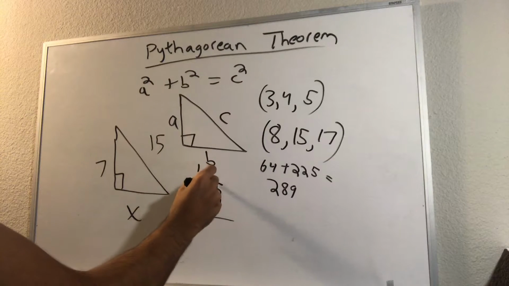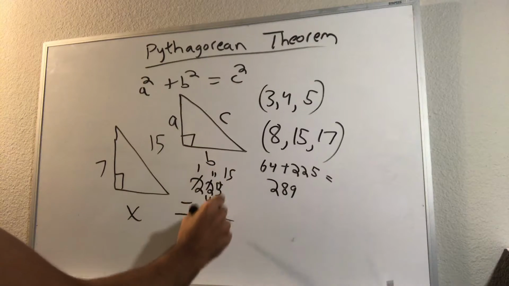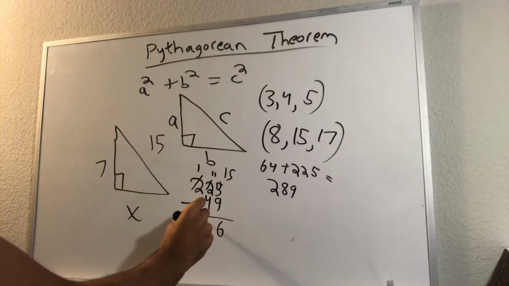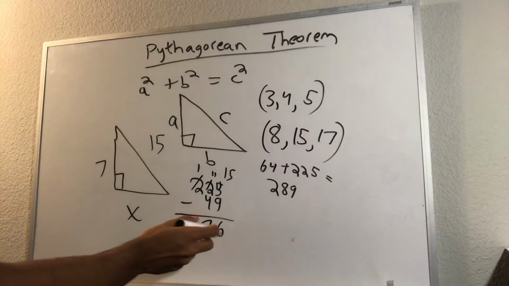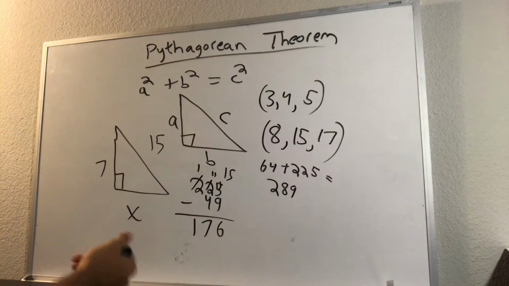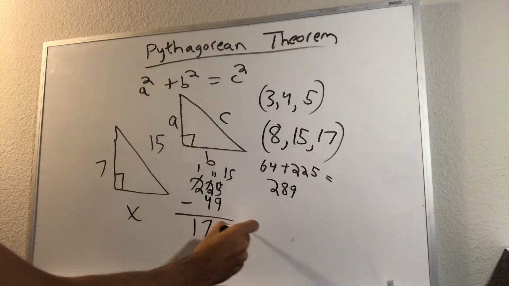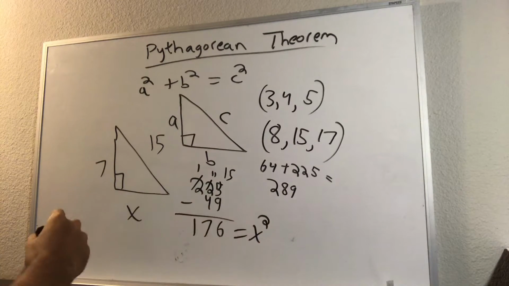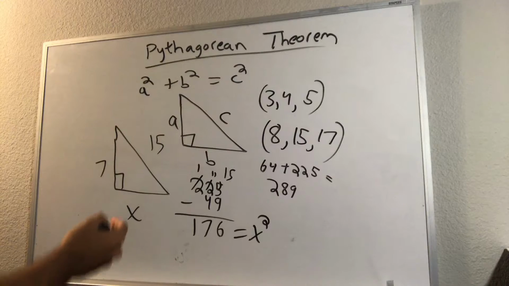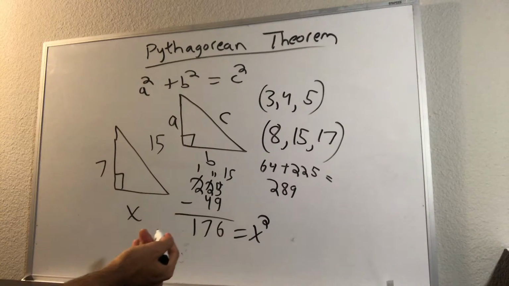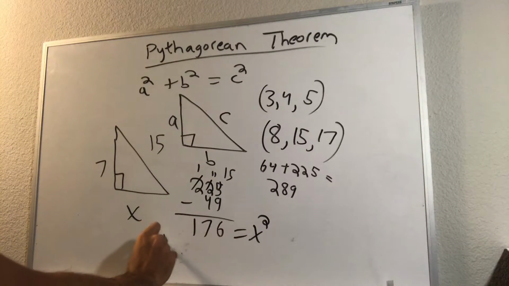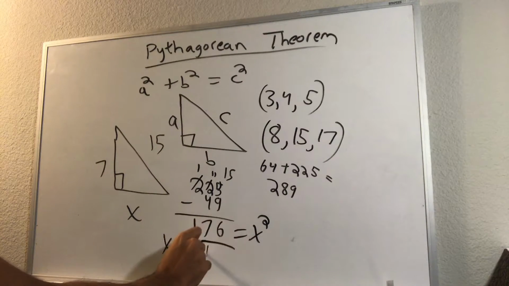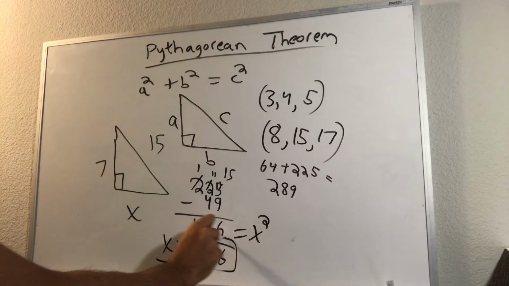And so if we do this, we should get 176, right? And what this essentially means is that 176 is the value of x squared, because we did c squared minus b squared, which is equal to a squared. The value we get is a squared, or in this case x squared. Therefore x is the square root of 176, and is thus our answer.